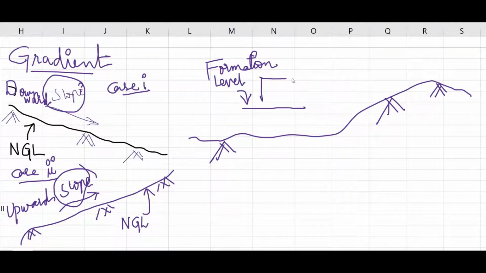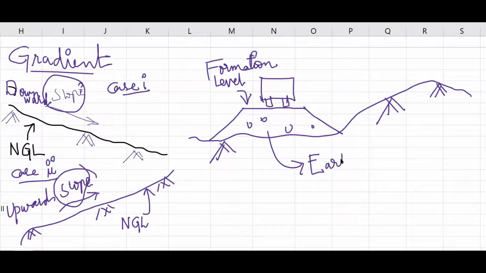Now I will make this level in order to make my vehicles move. I cannot put this in the air, so I put slopes on either side, and I fill this entire thing with earth.